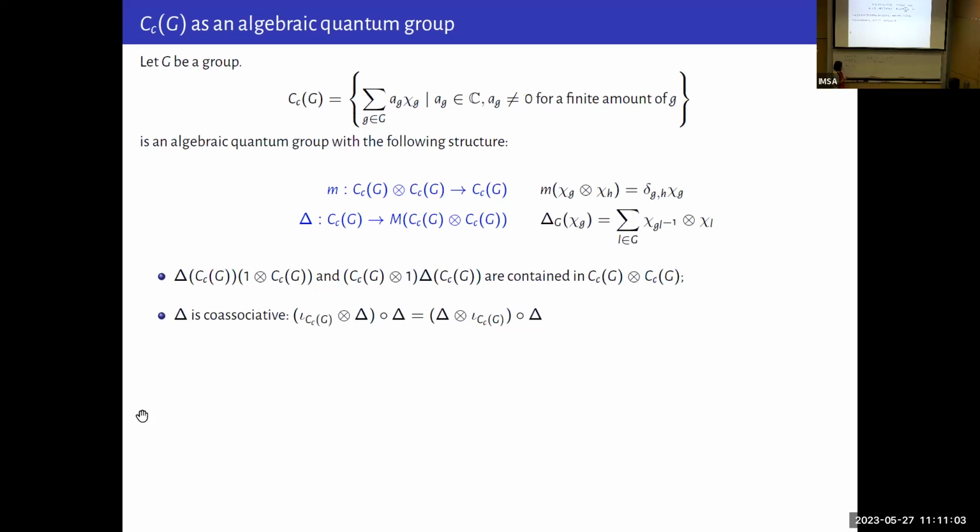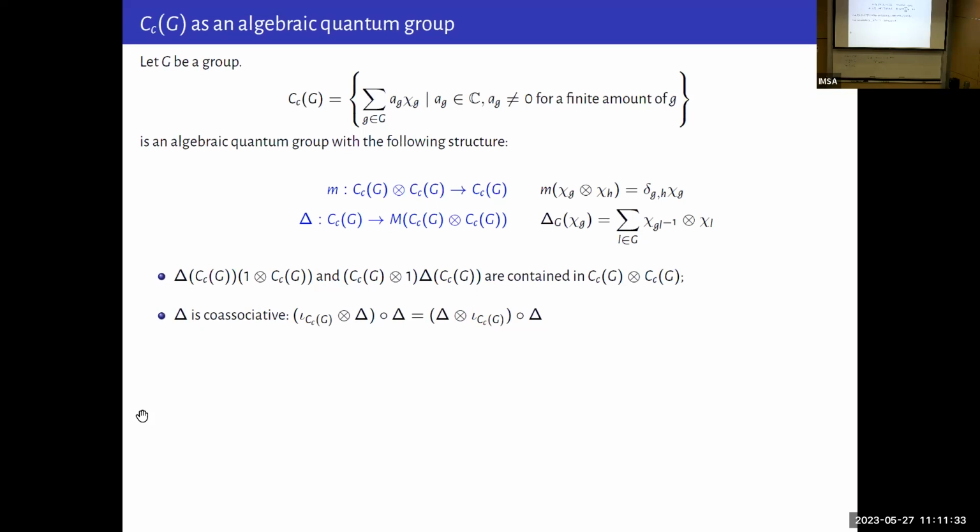Okay. So the one that appears here and here is like taking the unit here. And so we need that these types of elements actually are elements of the tensor product. Okay. And we also need co-associativity.